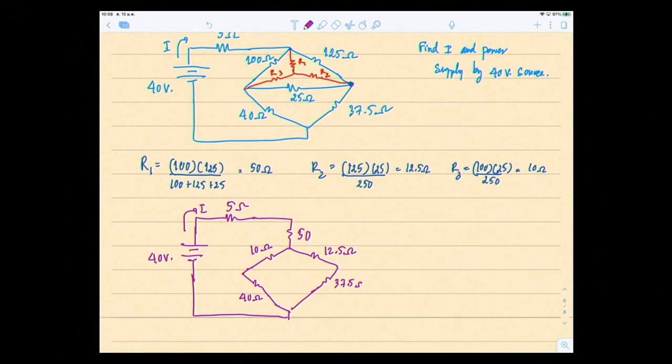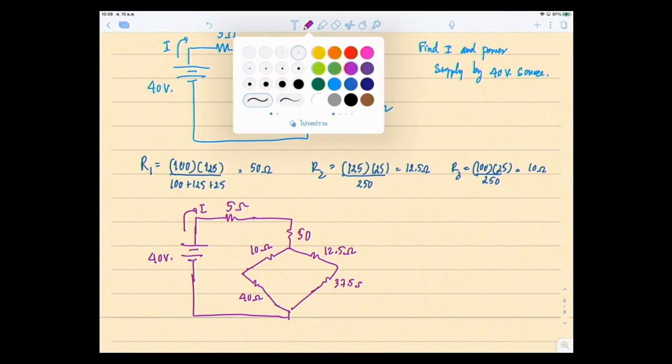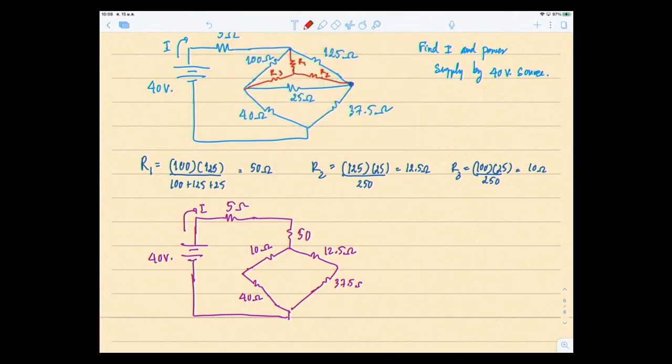If you look at the way your current flows, please remember to make it a good practice to analyze a circuit: at least you have to know where the current in the circuit flows. So it goes like this, right? I goes like this, comes down here to 50 ohms. Then when we come to this point, it splits into I1 and I2.